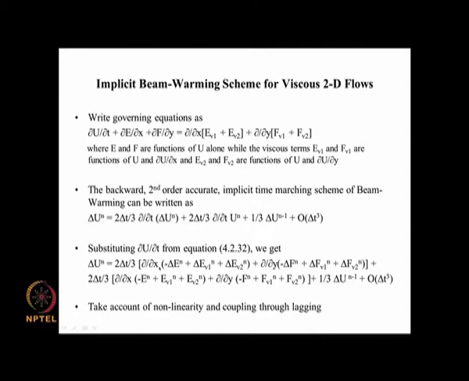So, you have dou by dou x of delta En, that is coming from here, and then delta EV1 n plus delta EV2 n. So, these are the dou by dou x terms here, and then dou by dou y of delta Fn and then you have delta FV1 and FV2 n.